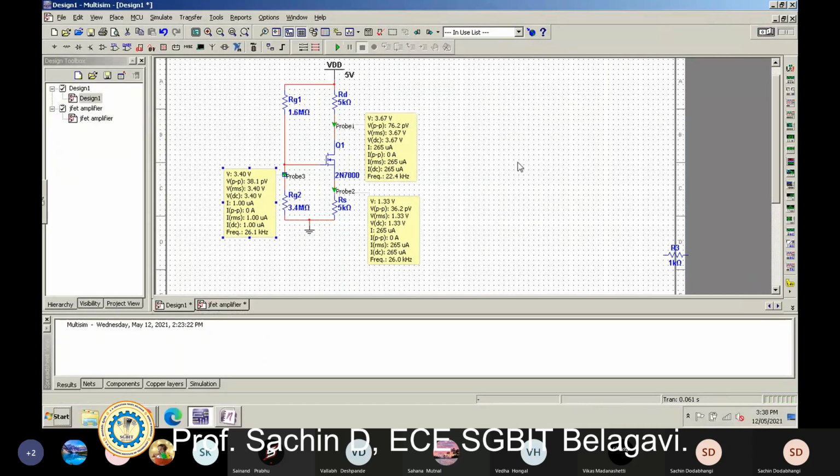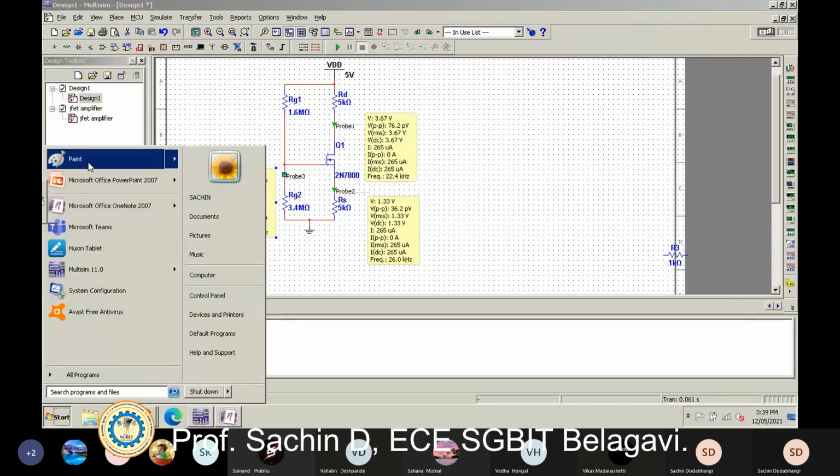So VG is 3.4. At this moment, I will take a screenshot here. I've taken print screen. I'll go to Paint.